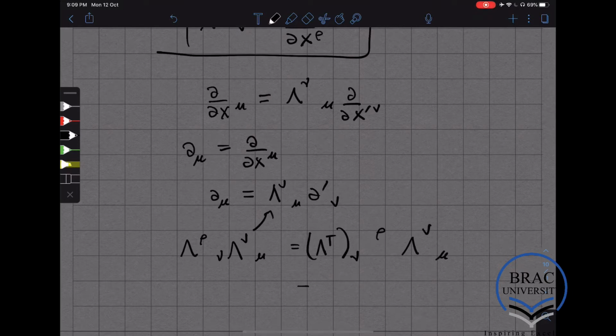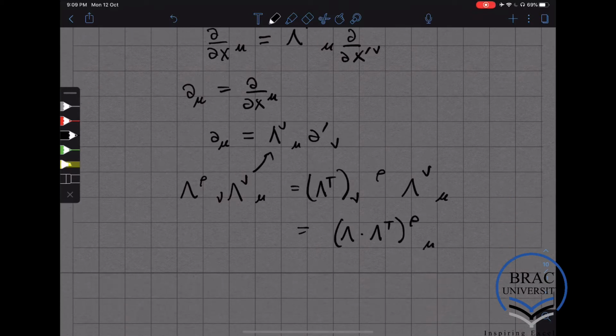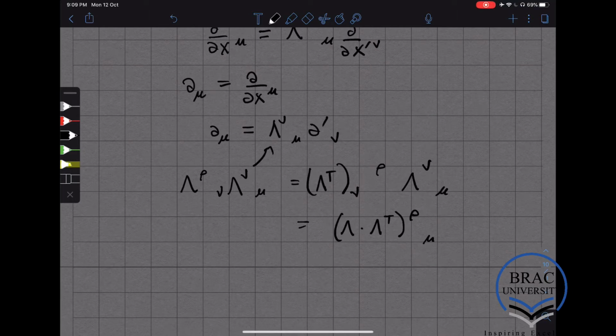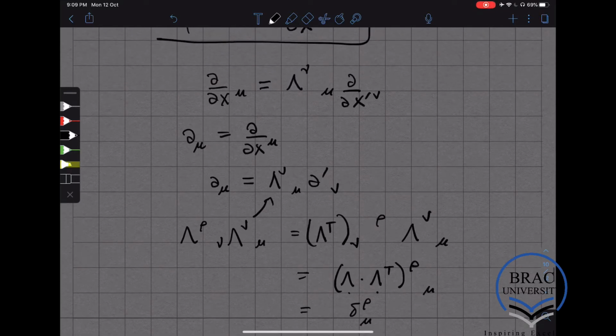So now we can write this as a matrix equation where we have lambda times lambda transpose, and we are looking at the rho mu element of it. But of course, we know that this is the inverse of this matrix, so this is going to be just delta rho mu.